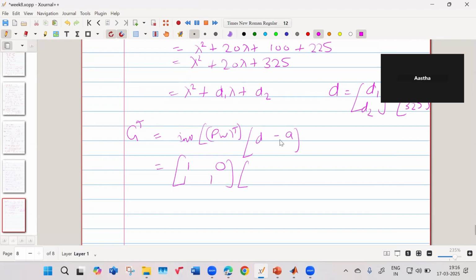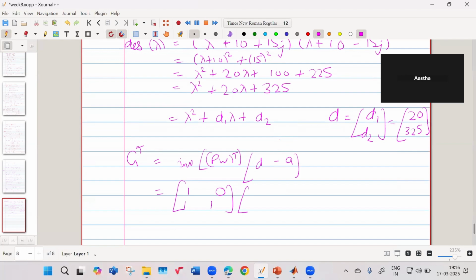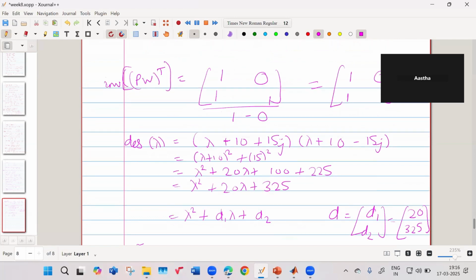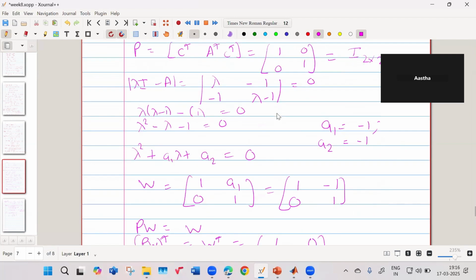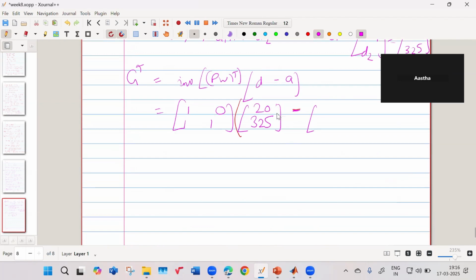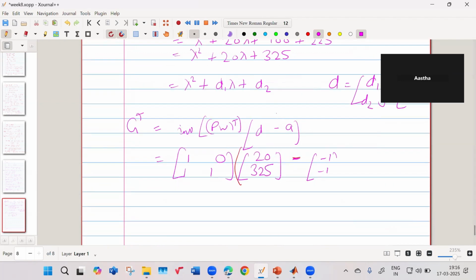What is our D which we got? 20 and 325, in brackets, minus, what is our A? A is minus 1, minus 1. So minus 1, minus 1.